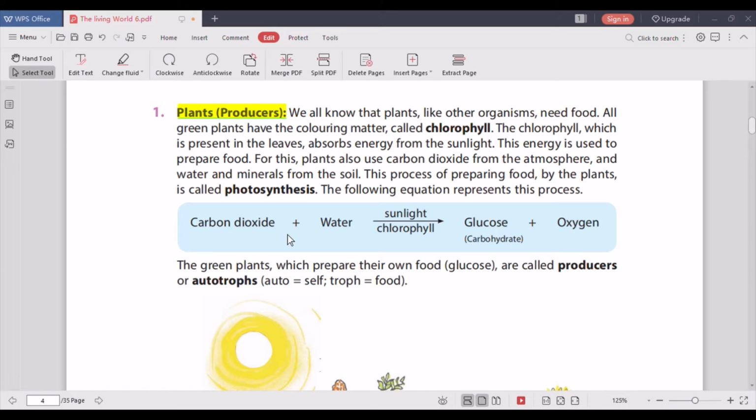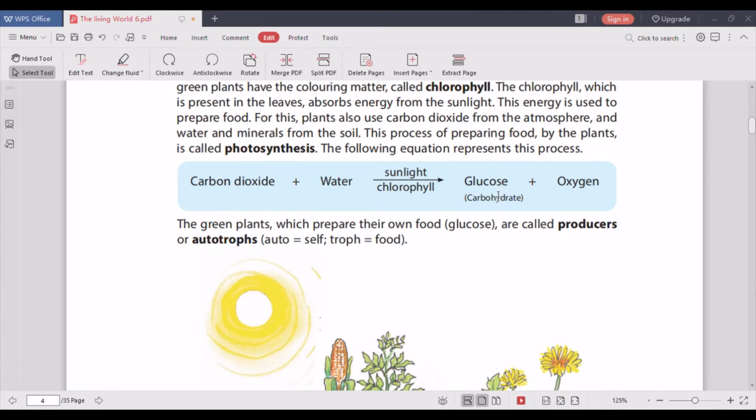When CO2 and water, that is H2O, get mixed with sunlight and chlorophyll, they form glucose, that is C6H12O6, plus O2. Glucose means carbohydrate.